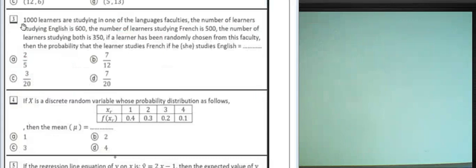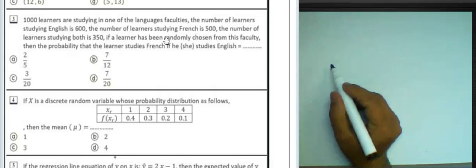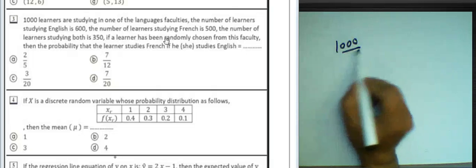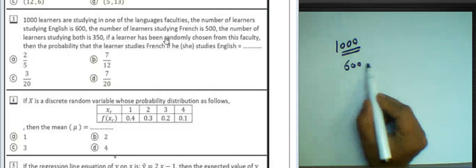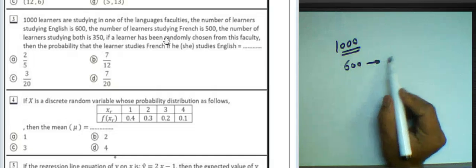Question 3. 1,000 learners are students in one of the languages faculty. The number of learners studying English is 600. The number of learners studying French 500. Okay, we have a lot of students. 1,000 is total. 600 study what?